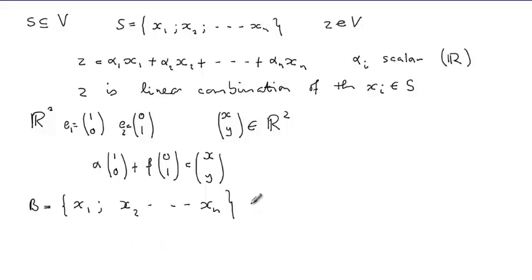So if in a vector space V, we've got a subset B such that all the vectors in V can be written as a linear combination of these vectors, then we'll call this B a basis of the vector space V.